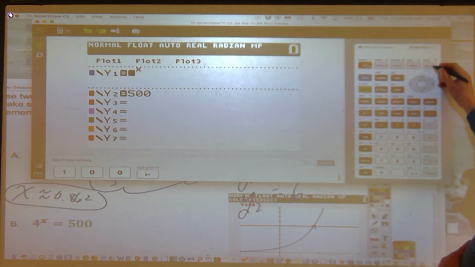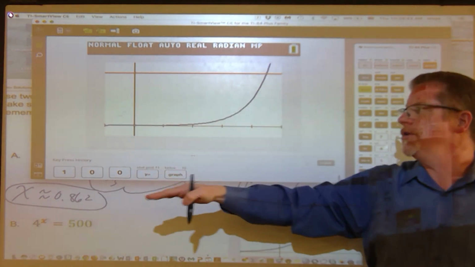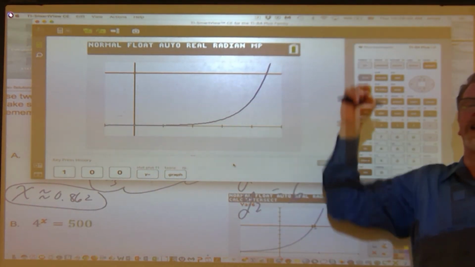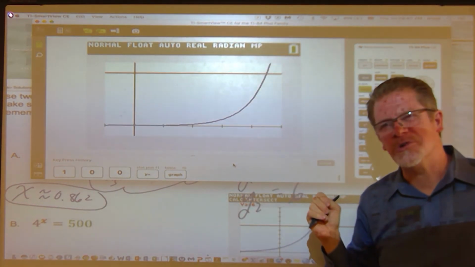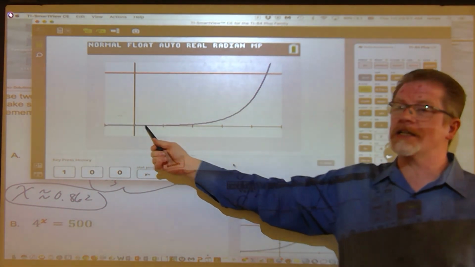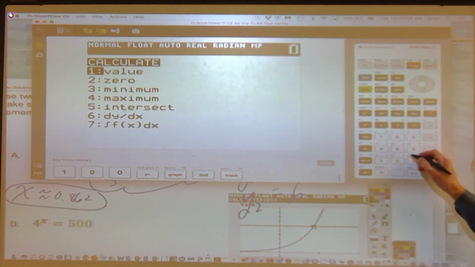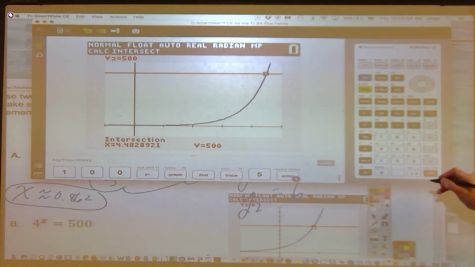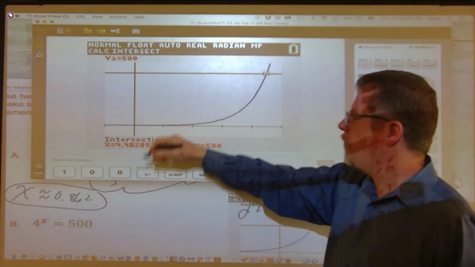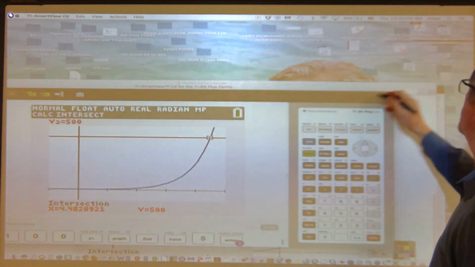So that when I graph this thing, hopefully everything will, oh, nice. And notice I bumped my X max up to 5. I think now we're going to be able to succeed finding an intersection. There it is, 4.483, and I think we're good to go.